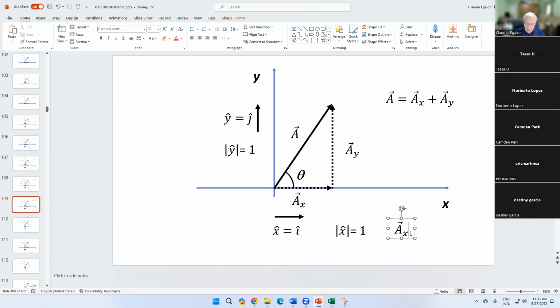So A x now can be written down like that: A sub x, like a scalar, times x hat, okay? Because x hat has magnitude 1, now it doesn't change the length of the resulting vector.